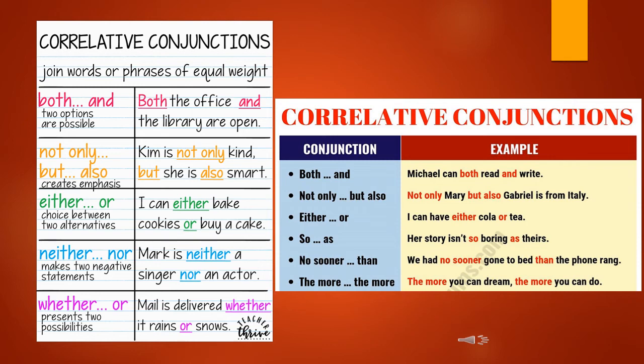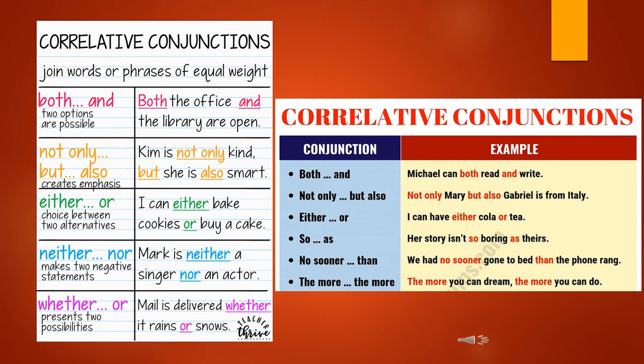Now here the first one is both and and. So Michael can both read and write. So here both and are used together. Both the office and the library are open. So here also they are the correlative conjunctions.